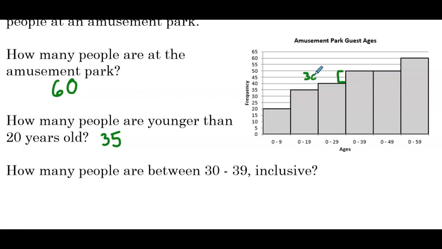Right? So this is the 30 to 39 age range. So how much did it increase? It increased by 10. So how many people are in only that age range? There are only 10 people. Okay, so again, to answer a more specific question, we have to compare our bars in the histogram.